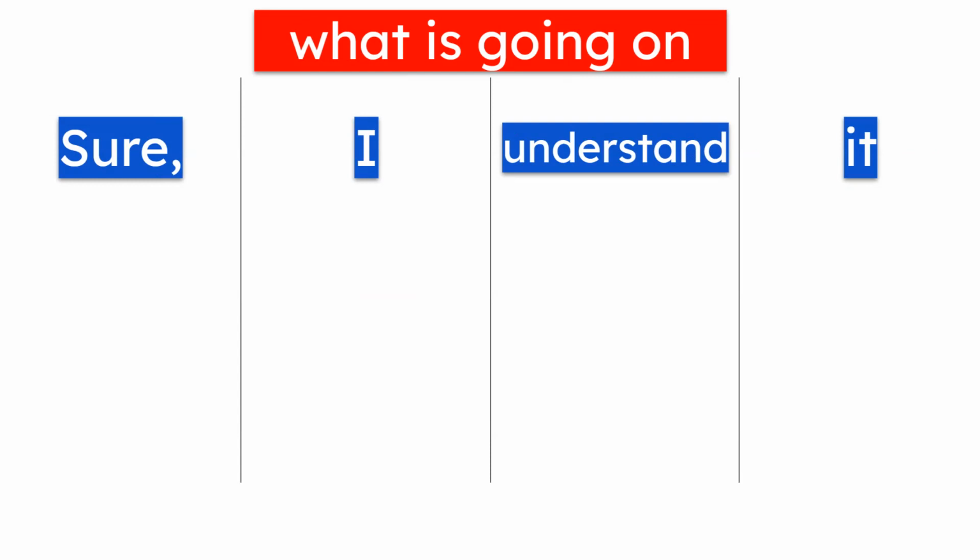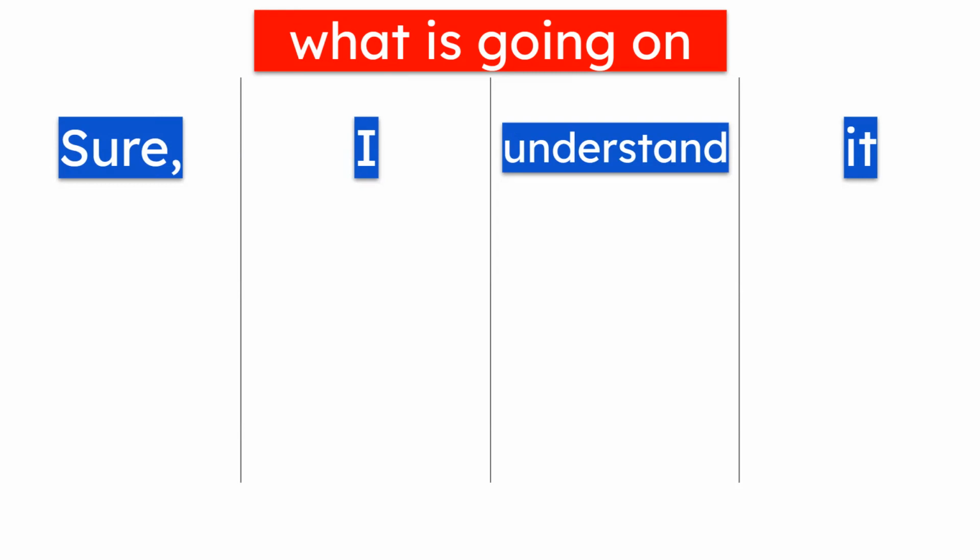It's referring to a situation, something that has no gender. Why? Because it's not a thing we are talking about. It's just something that is not determined. In this case, it is referring to what is going on. Sure, I understand what is going on. But rather than say that, I'm going to say, sure, I understand it.